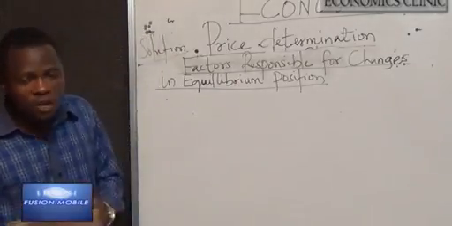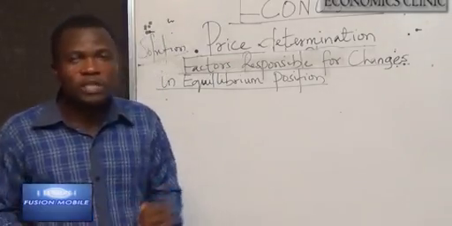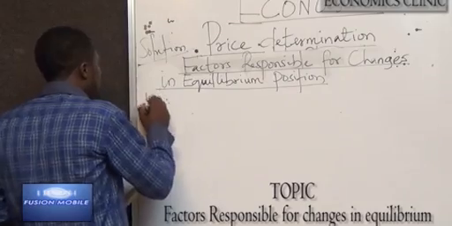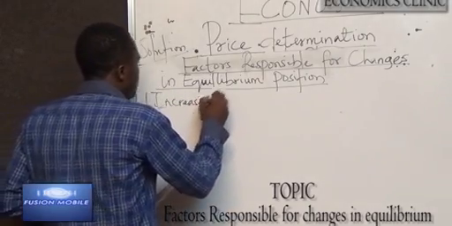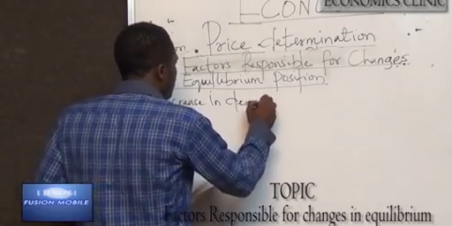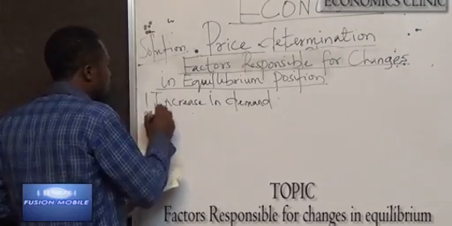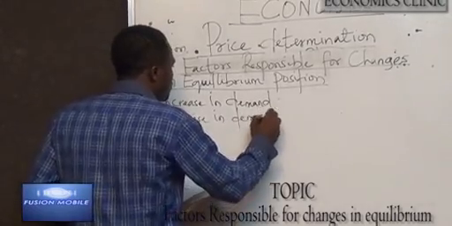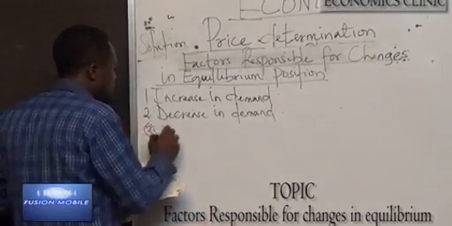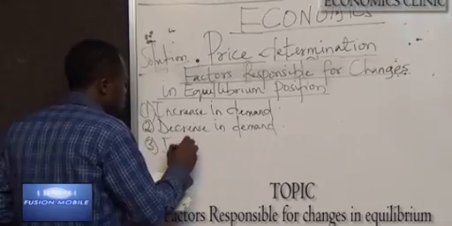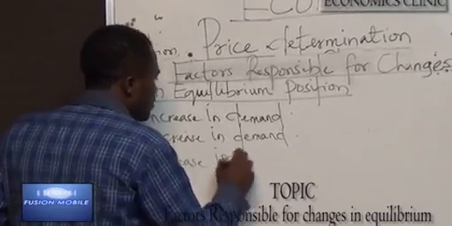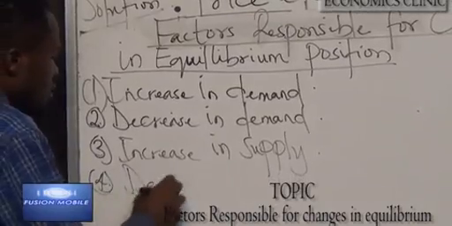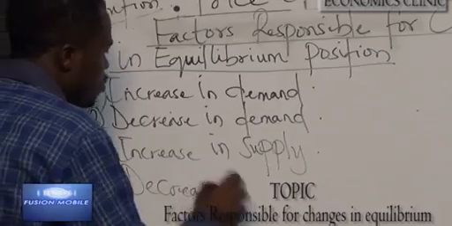It is possible for equilibrium to change position at every point in time due to some certain factors, which are: number one, increase in demand; two, decrease in demand; next one is increase in supply; also decrease in supply.